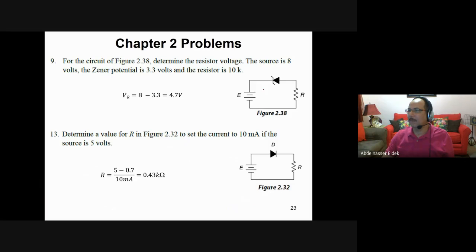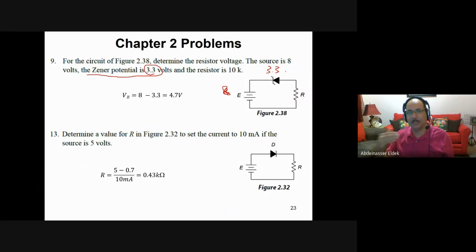Here we have a Zener diode, and its reverse voltage is 3.3. That's why you see here that this is in reverse mode. Usually we use the Zener diode in reverse mode. The voltage is 8 volt, which for sure is more than 3.3. So in this case, the voltage across the Zener will be 3.3.